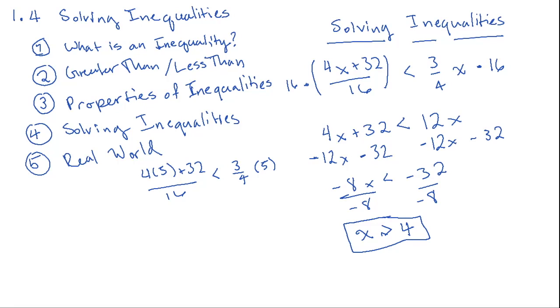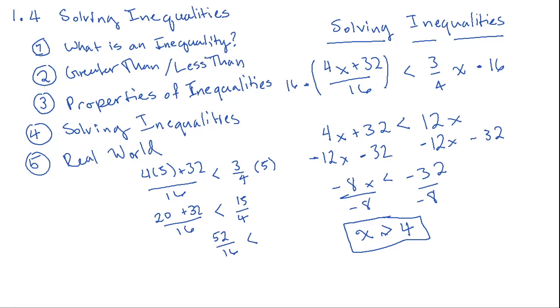All right, 4 times 5 is 20. And I have 20 plus 32 over 16. I wanted to see if that's less than 15 over 4. Okay. Well, on the left-hand side, it's going to be 52 over 16 and less than.